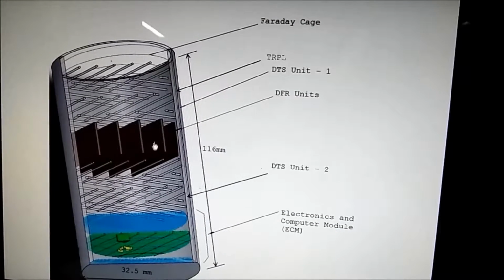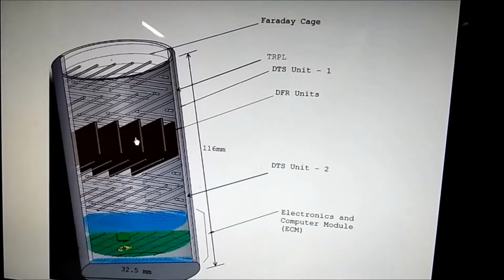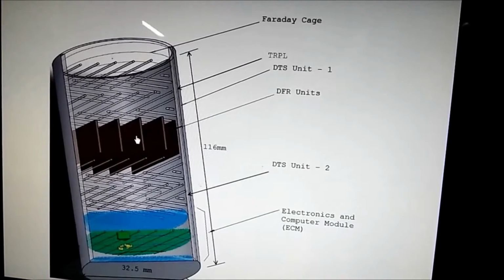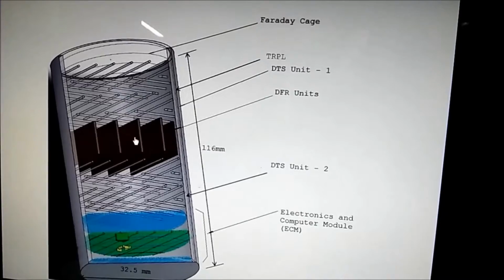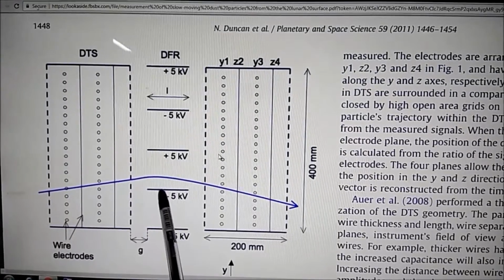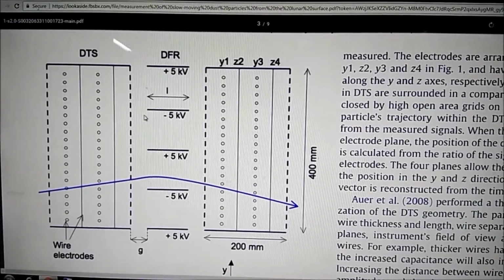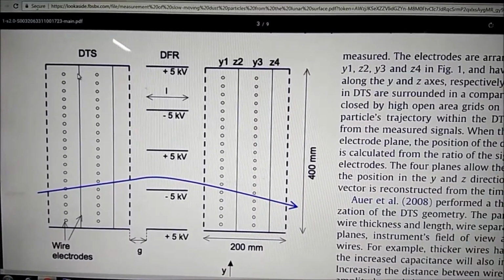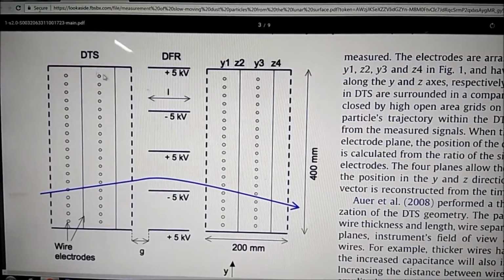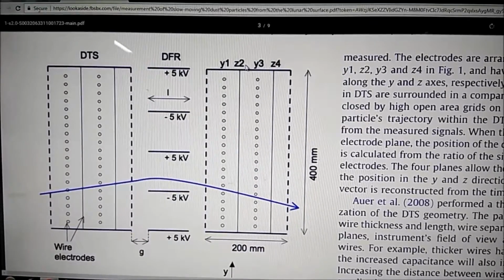Now this deflection field region was used for measuring the mass of the charge. This is our sketch which was taken from some literature. Here is the first DTS unit and the second DTS unit.